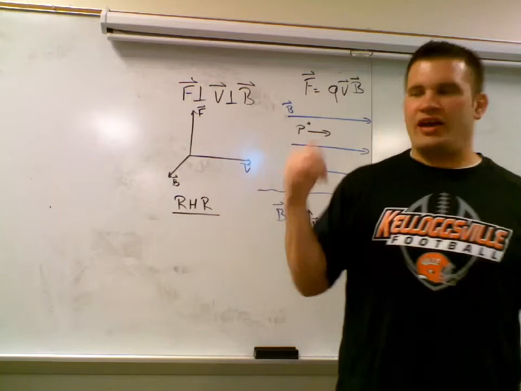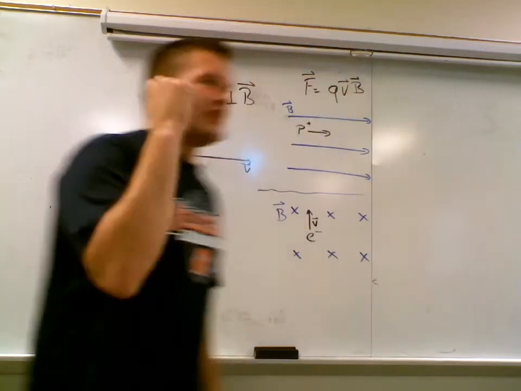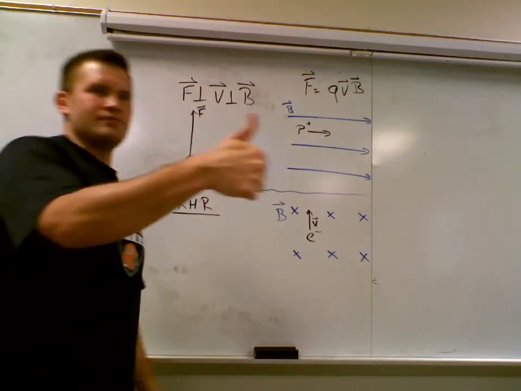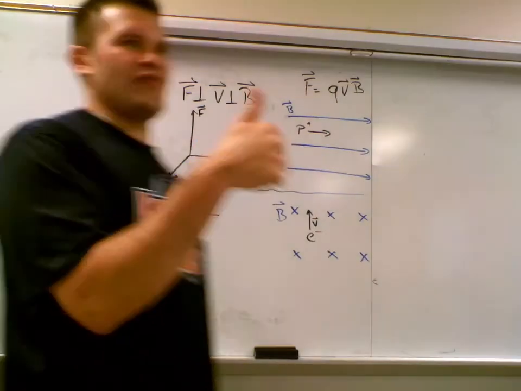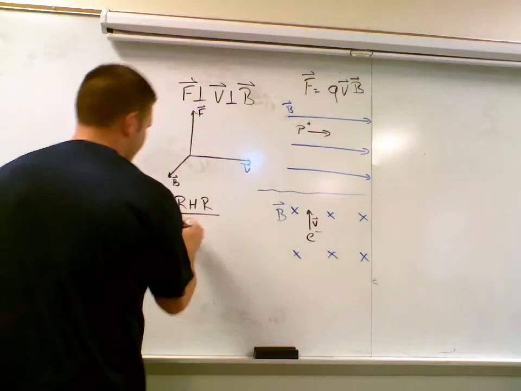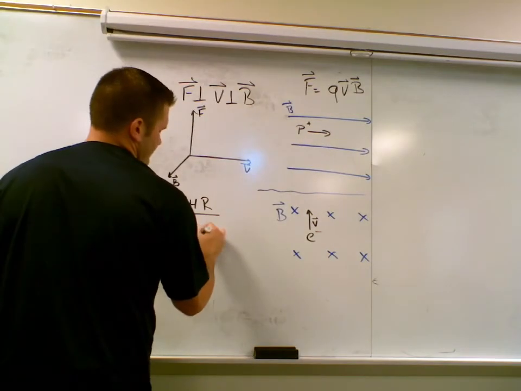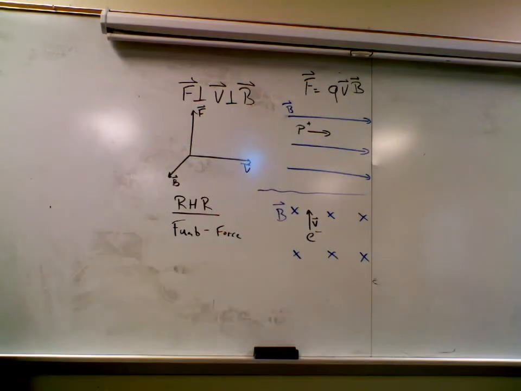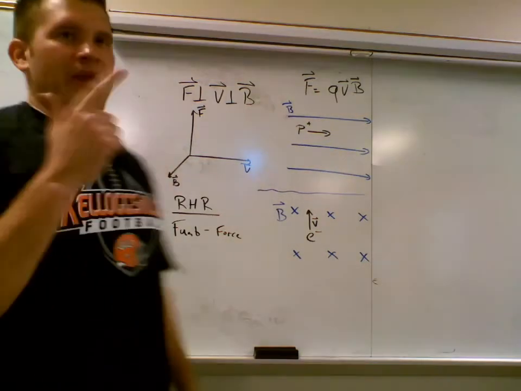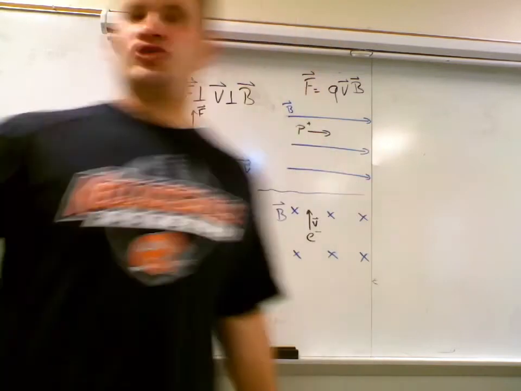Like this. The way it works out is your thumb is the force. Thumb, force. Now your pointer finger, if I was playing cops and robbers, would be the one that I shoot my imaginary bullets out of.